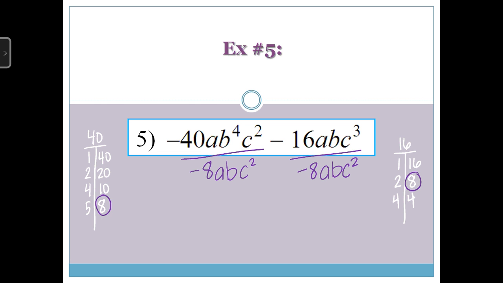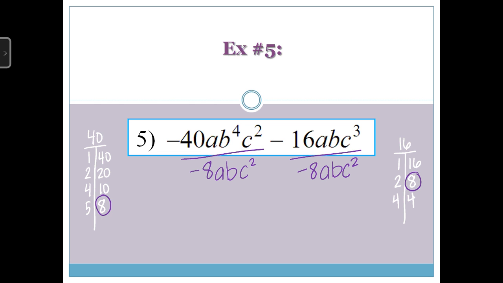And now divide that out. Remember that your GCF goes out front and the remainder goes inside the parentheses. So negative 40 divided by negative 8. A divided by A. B to the fourth divided by B. C squared divided by C squared.